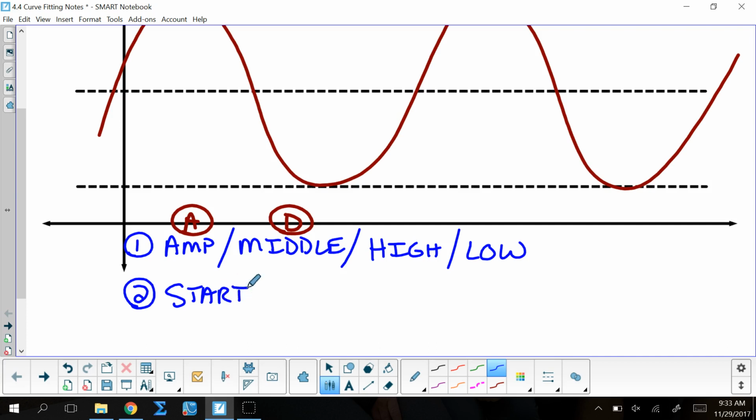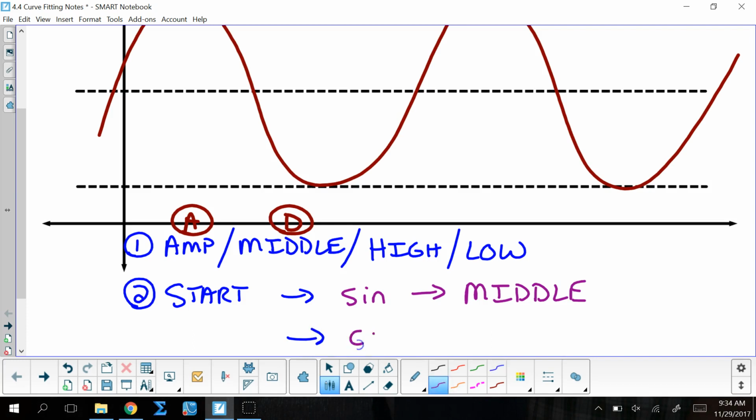Okay. So now if I'm a sine curve, where am I going to be starting? In the middle, right? If I'm a sine curve, I start in the middle. But if I'm a cosine curve, I start at the high, right?